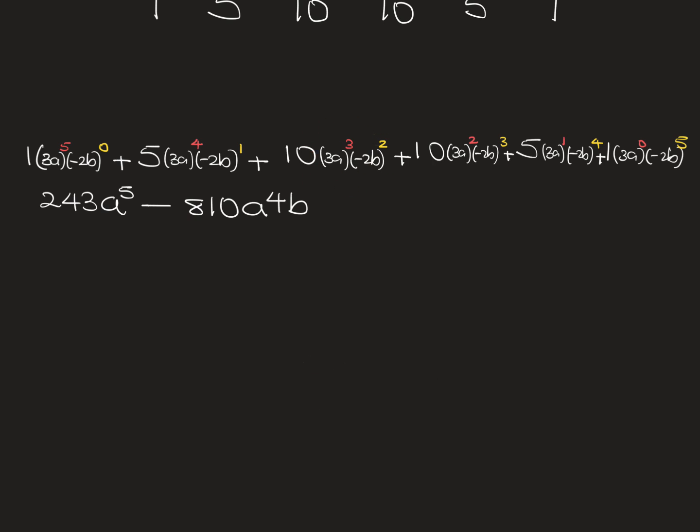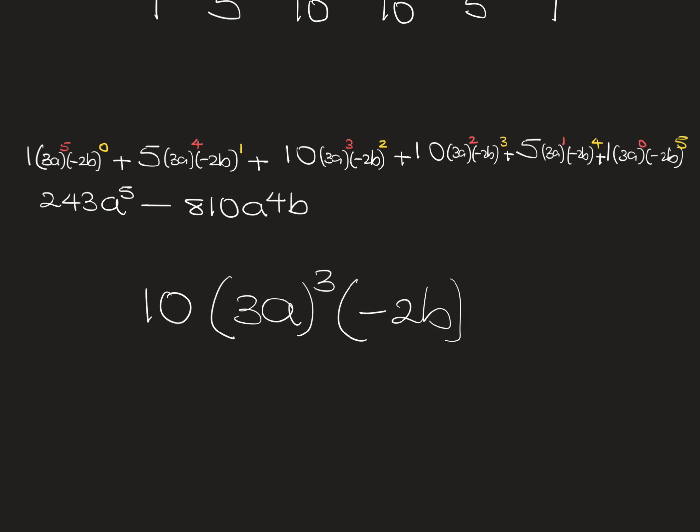For this expression, we have 10 into 3a to the power 3 into minus 2b to the power 2. So we're going to have 10 into 3 to the power 3 is 27.